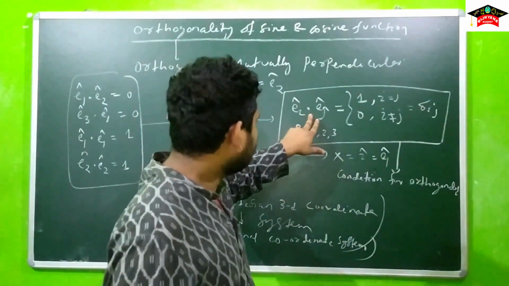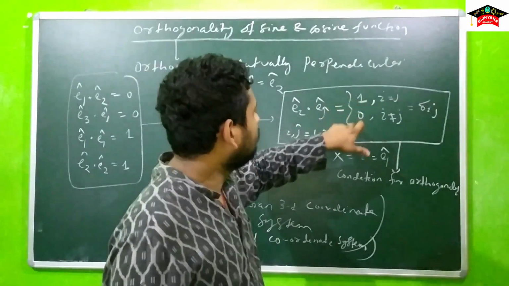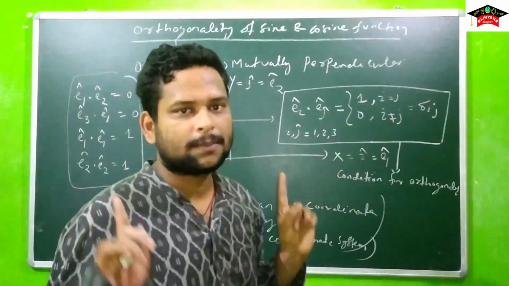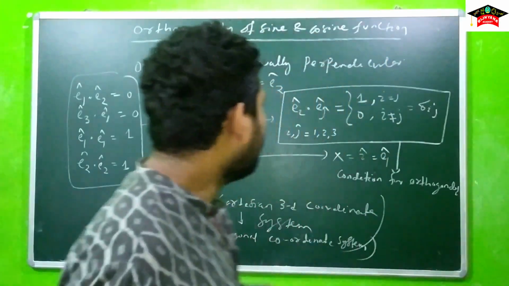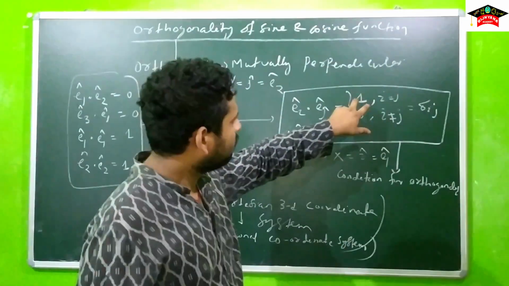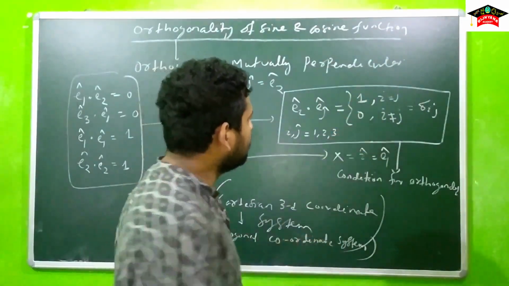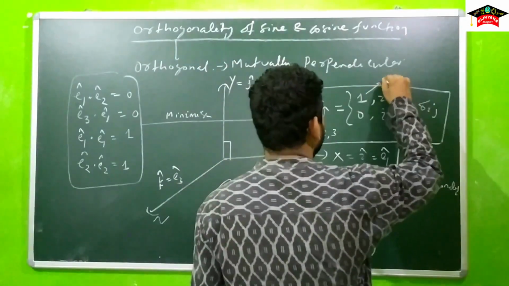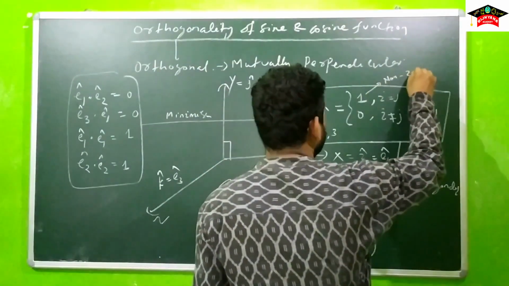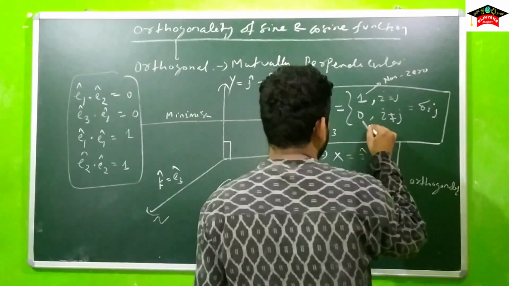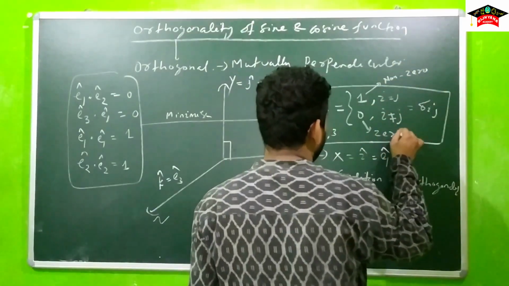So this operation on e_i and e_j gives two values. This one is important. What are the two values? One is a non-zero value and the other is a zero value.